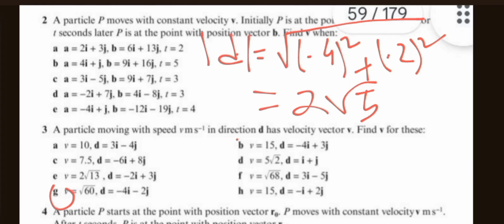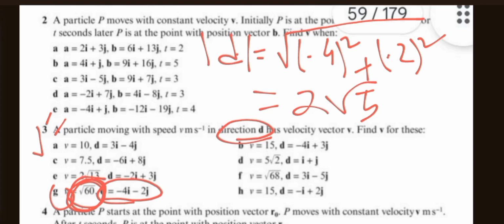So this one is the direction vector. Now we're going to find its magnitude, and we have been given the speed. So we're just going to multiply this with the speed to find its velocity.